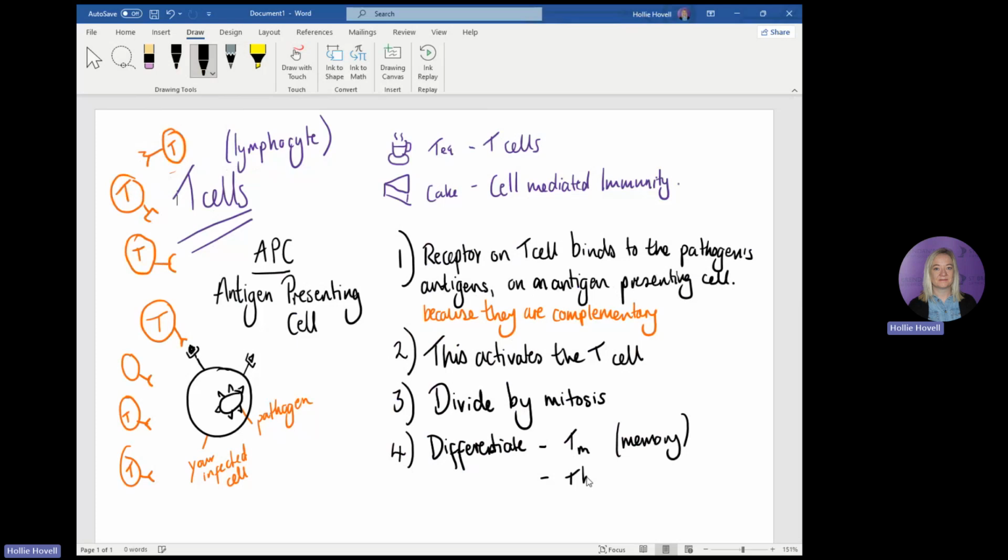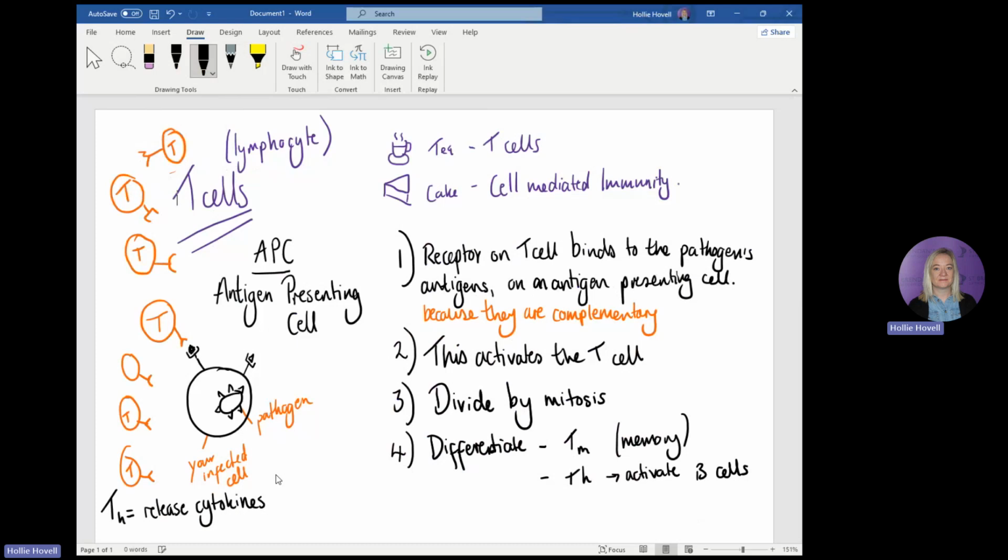We've got T helper cells. Now, we already know about T helper cells. They activate the B cells. Now, I'm going to add a little bit more detail about how the T helper cells activate the B cells. So they release a chemical called a cytokine. Now, there's different types of cytokines.